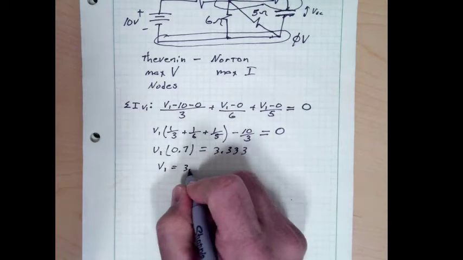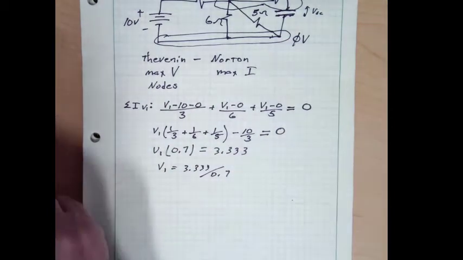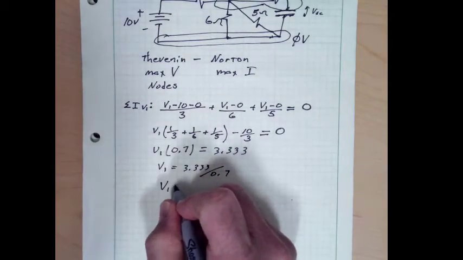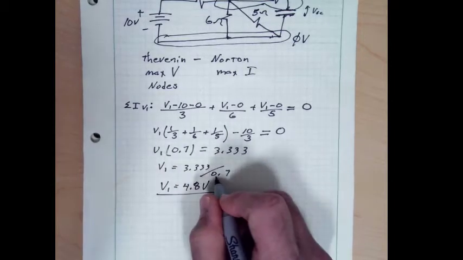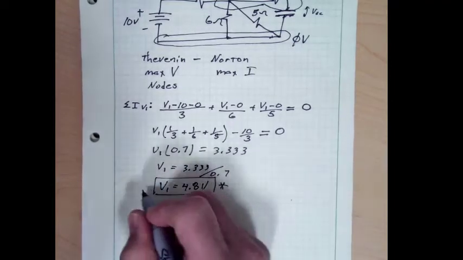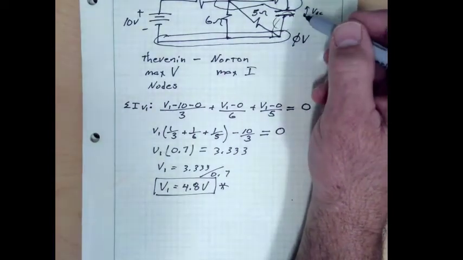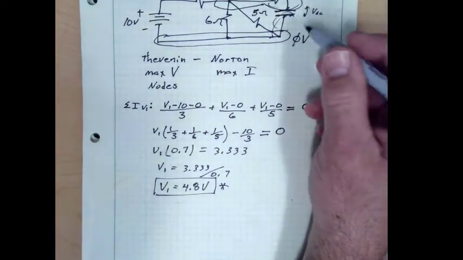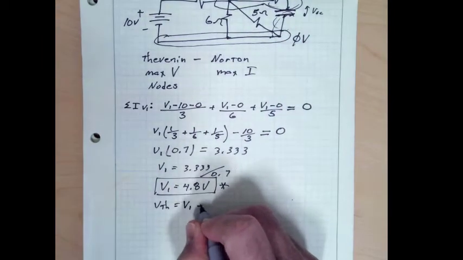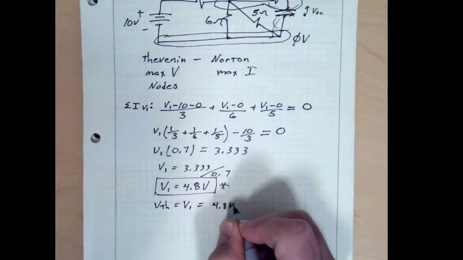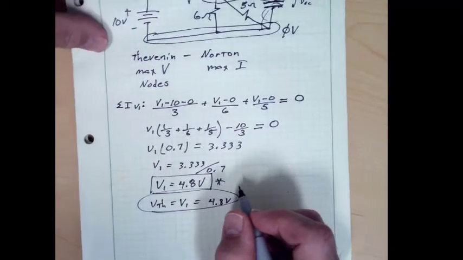Just divide both sides by that 0.7, and we get a voltage here of about, we'll call it, 4.8 volts. And so we have 0 volts on this side, we have V1 on that side, and V1 is 4.8, so our Thevenin voltage is simply V1, which is 4.8 volts. Okay, so we have our Thevenin voltage.